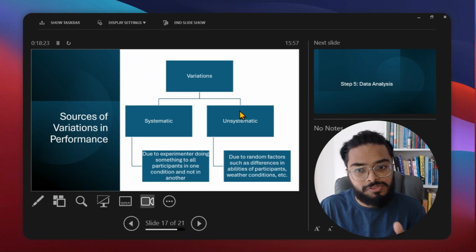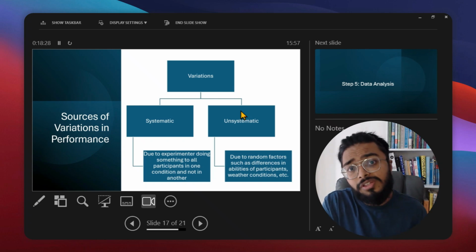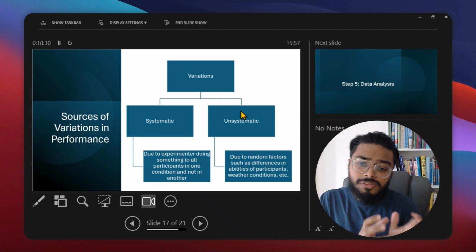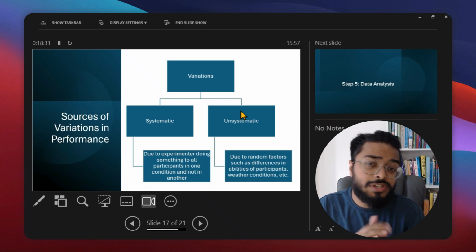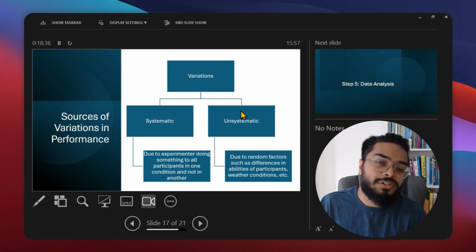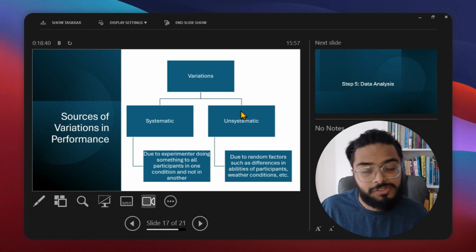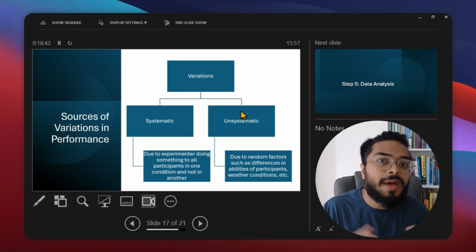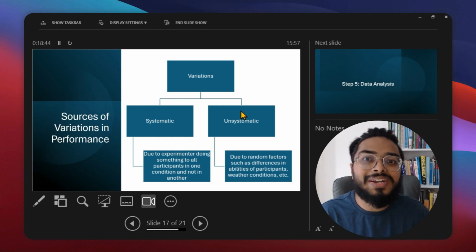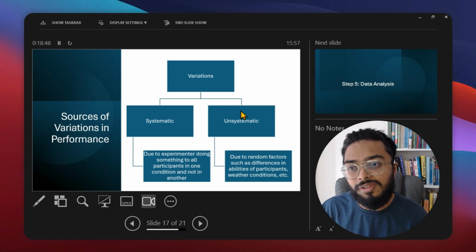They're probably constant. Unsystematic variation is the other type of variation we see. Unsystematic variation is the type of variation which comes due to random factors. For example, differences in abilities of the participants, or maybe something happens like COVID, the pandemic, something that's beyond the control of the experimenter.